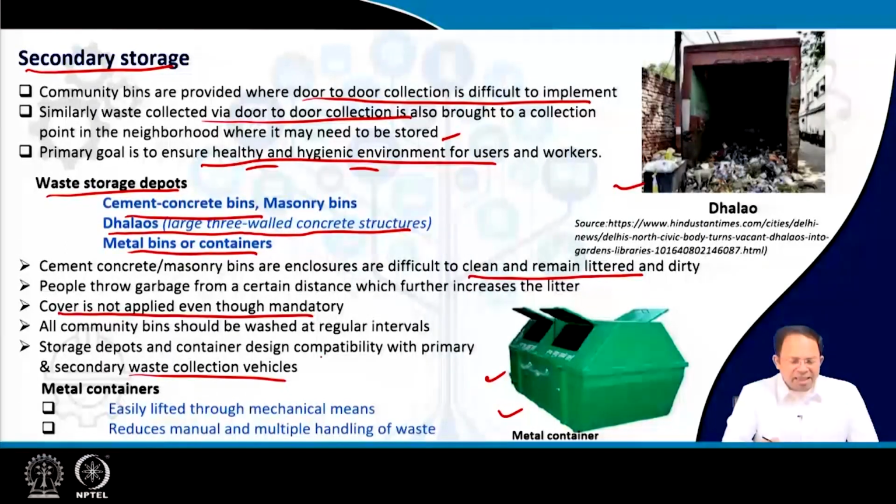So the design has to be compatible with those mechanisms. Metal containers are usually preferred in today's context instead of cement, concrete or masonry bins or dhalaos, because these are easily lifted through mechanical means and also reduce manual and multiple handling of waste.